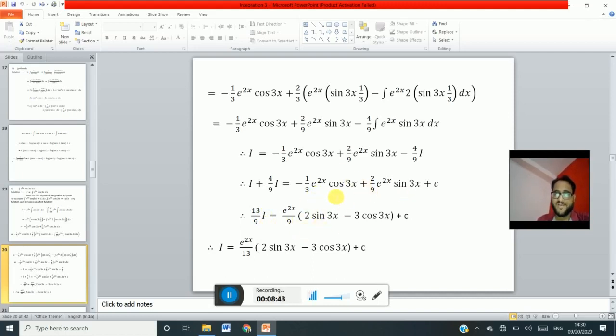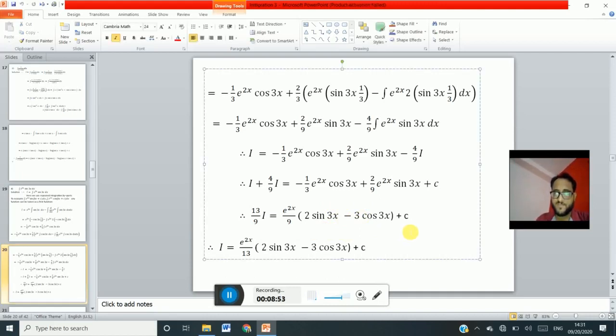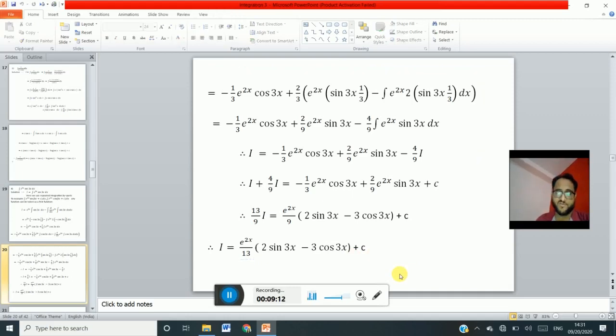So we get the positive term written first, 2 sin 3x minus 3 cos 3x, plus c. So we have to find the answer for I. This 13 by 9 goes to the right side, so 9 and 9 cancel and by 13 remains. So it is e to the power 2x by 13 into (2 sin 3x minus 3 cos 3x) plus c. This should be the final answer of this question, right.